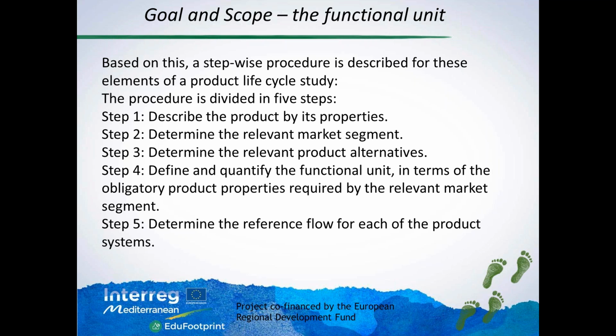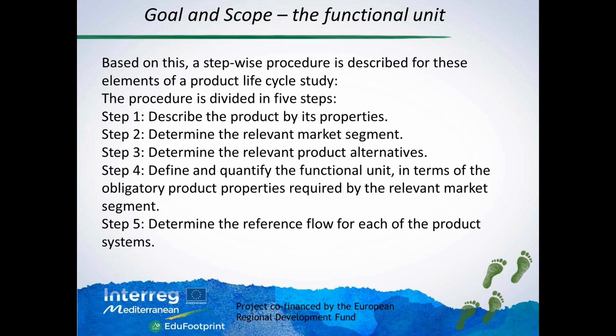I defined the market segment I am referring to, and the alternatives, which means paper packaging or glass packaging. Then we have to define and quantify the functional unit in terms of the obligatory product properties required by the relevant market segment, and then determine the reference flow for each of the product systems.